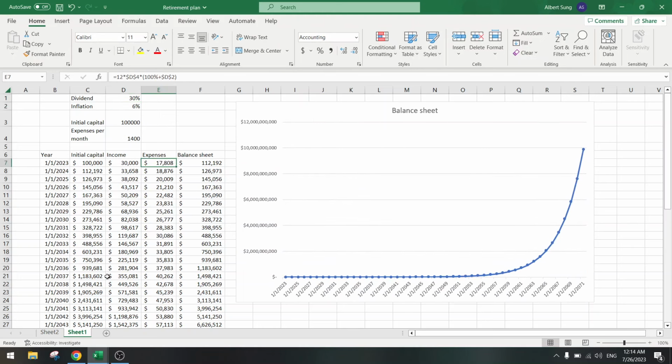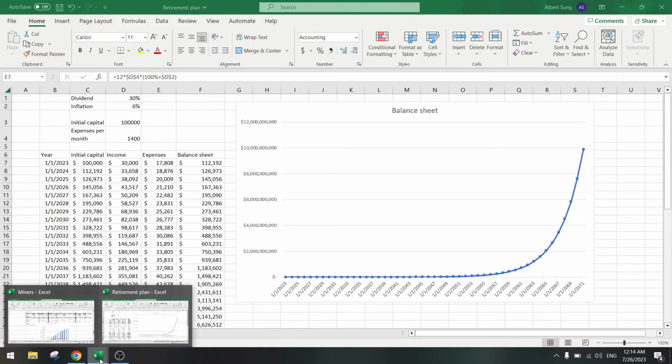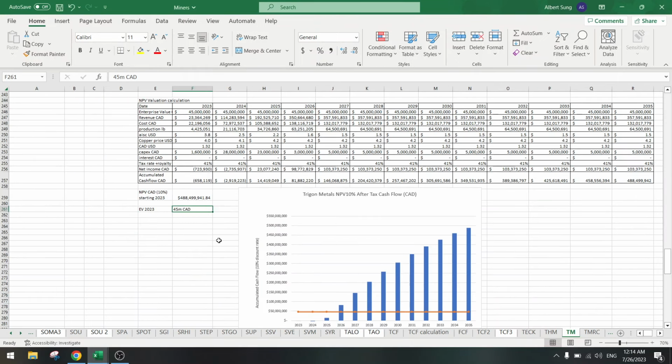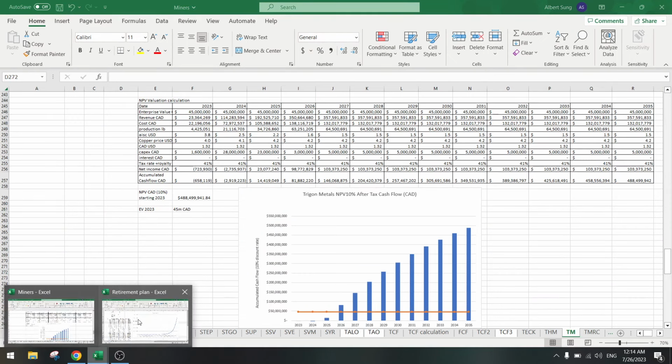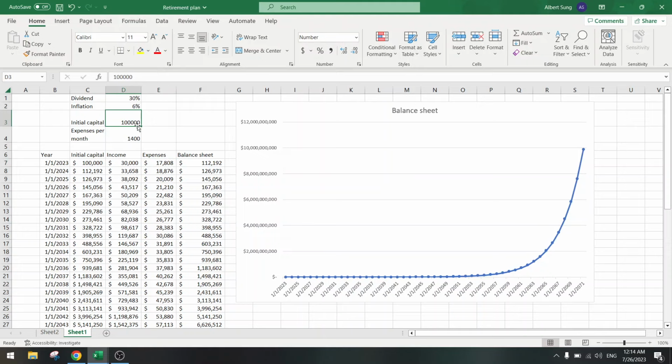So just think about this. Think about the compounding effect. Think about how much dividend the stock will give you. And you can actually calculate how much expenses you can afford.